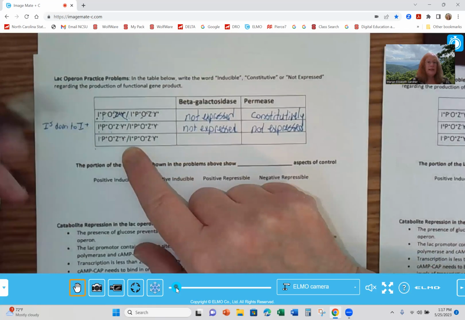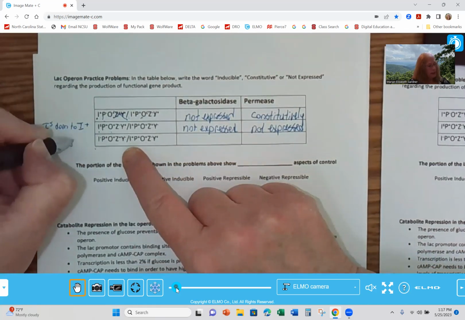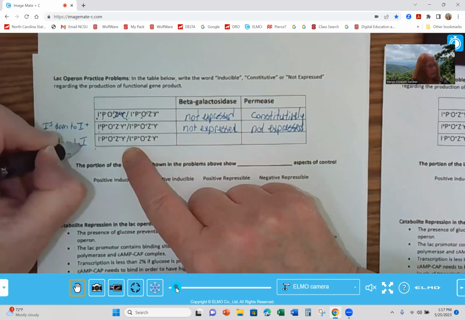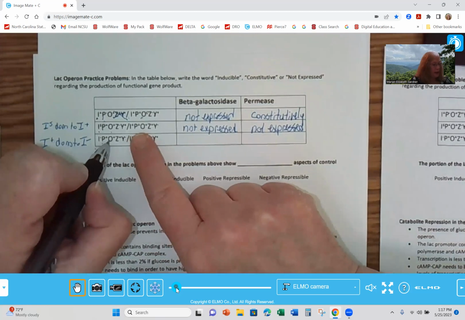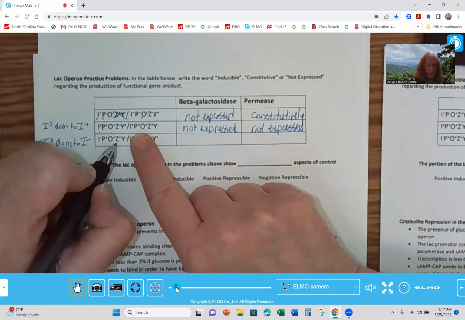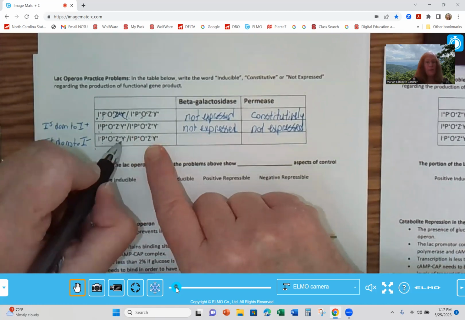Now we have I plus and I minus. I plus is dominant to I minus. And then we have on this first gene a good promoter and a good operator and a good beta-galactosidase gene, and we have a bad permease gene.